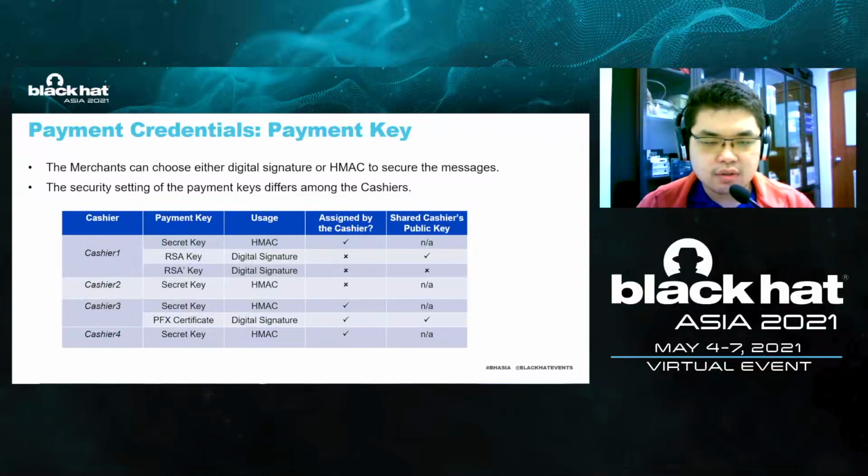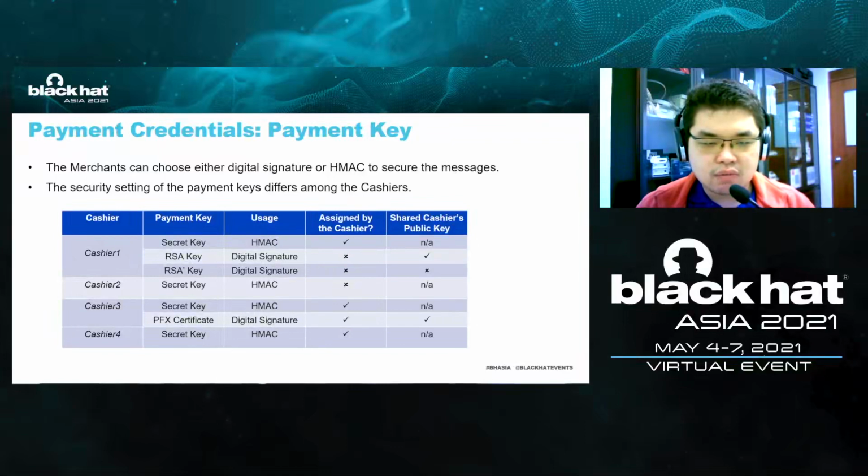On the other hand, the security settings of payment keys are different across the cashiers. For example, some cashiers will generate the key and assign it to their merchants, which is instead user-defined in other cases.